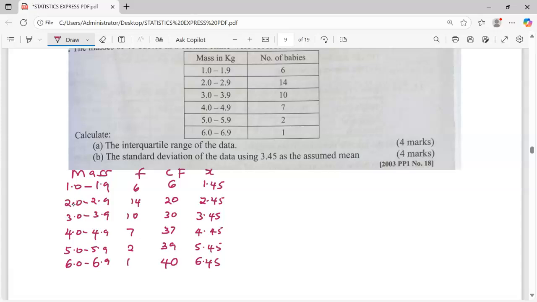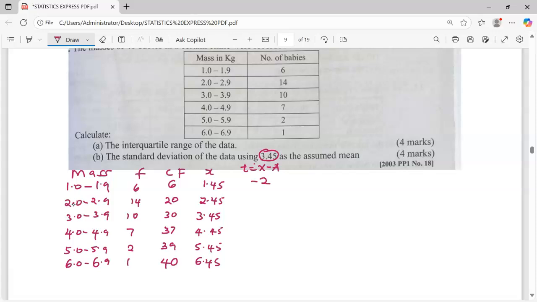Once we have the midpoints, we can get the deviations, that is t, by taking the midpoints minus the assumed mean. And the assumed mean in this case is 3.45. And therefore, if you take x, which is 1.45, minus 3.45, you get negative 2.